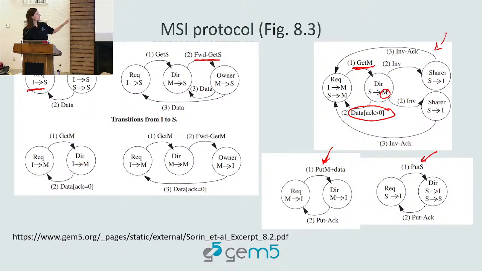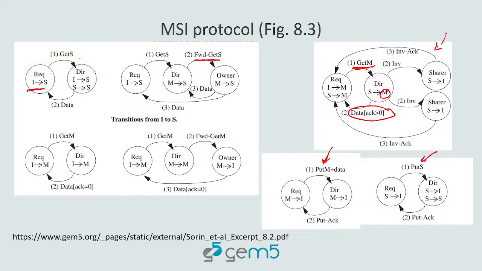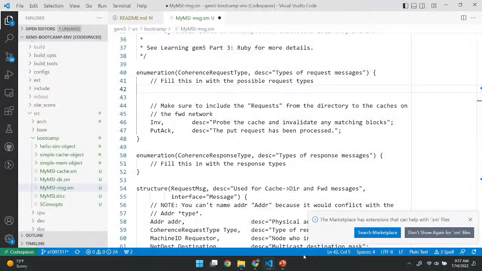As well as we also need to be able to send invalidate requests and also put ack requests. Put ack is over on the far right-hand corner. So you can look at all those different things that you need to send and then fill this out.